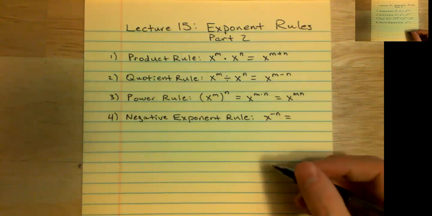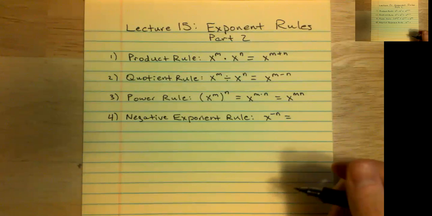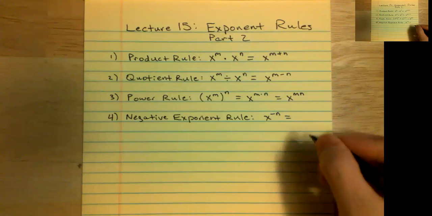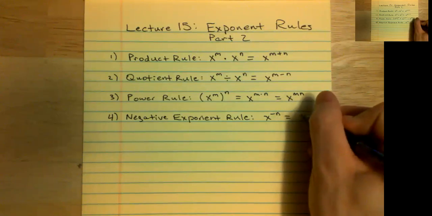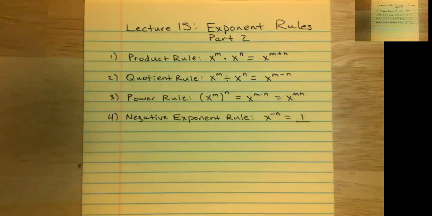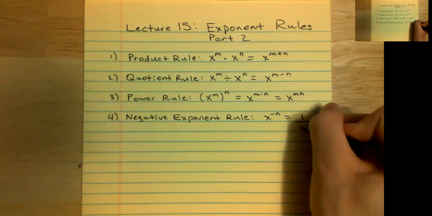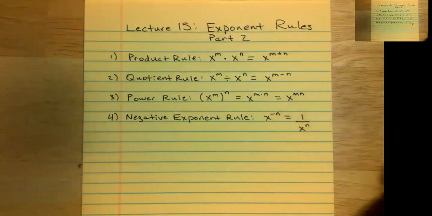So a fraction has a top and a bottom, and sometimes we call these numerators and denominators. What I'm going to do is make sure that 1 is always the numerator. And then I'm going to change it to a positive n in the denominator. So I'm going to have x to the positive n. And that's how I do the negative exponent rule. Okay, so that's the negative exponent rule.